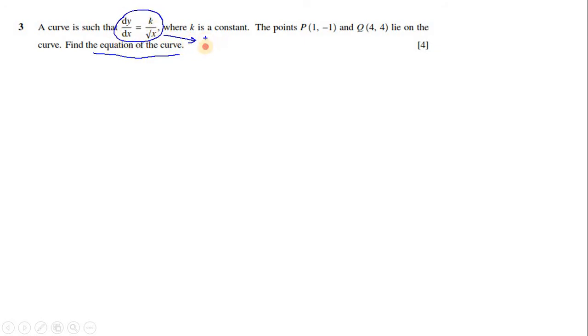That gives the equation of the curve. But when you integrate the derivative, the integration involves c, what we call the constant of integration. So we need to find the equation of a particular curve which has this derivative, and two unknowns are there, c and k.